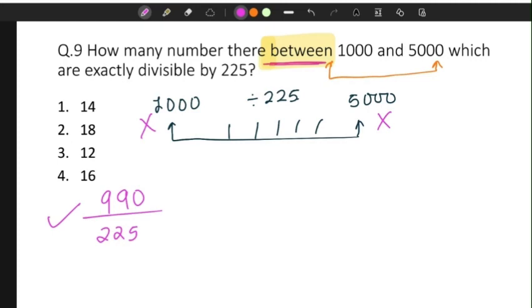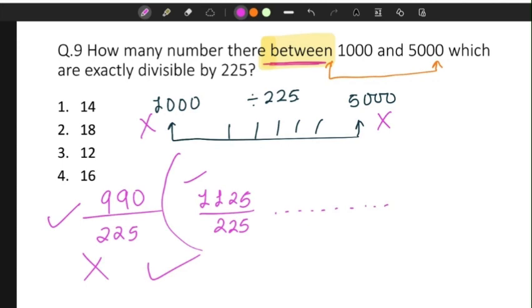And if we see after 1000, 1125 is the number which is divisible by 225. So we don't have to calculate this, we have to focus on this. And before 5000, 4950 is the number which is divisible by 225. Got it? So if I do the division, I'll get here.